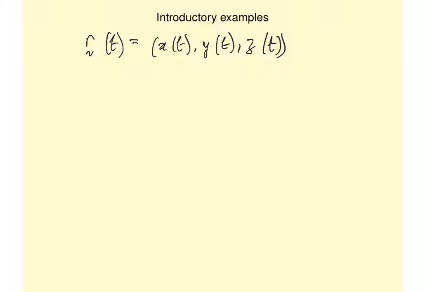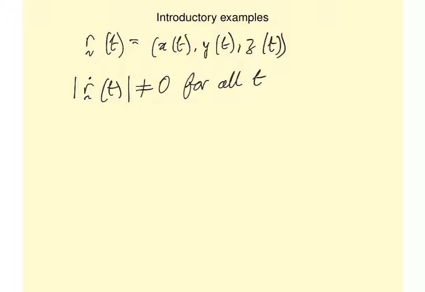But that's not enough to get a manifold, or indeed a submanifold of R3. You also need the regularity condition, which is that the derivative is never zero. Non-zero for all t in the domain of R.